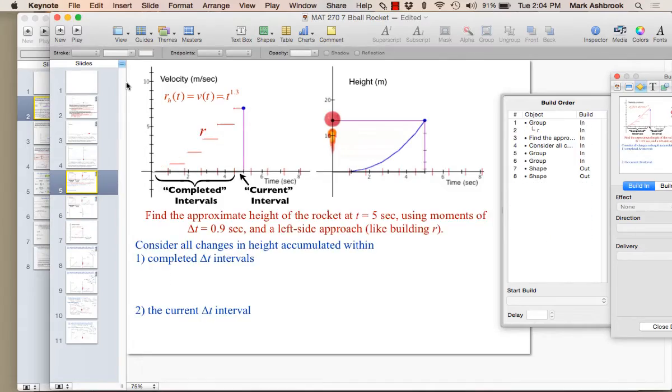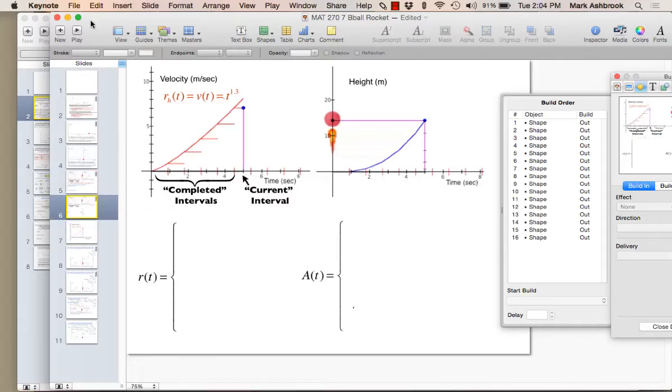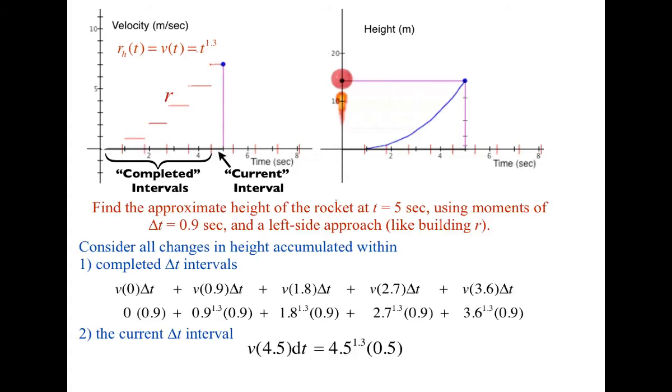Back to this. So in trying to take this accumulation function and take it from a piecewise to a one rule formula, this is going to be the idea behind it. Right?